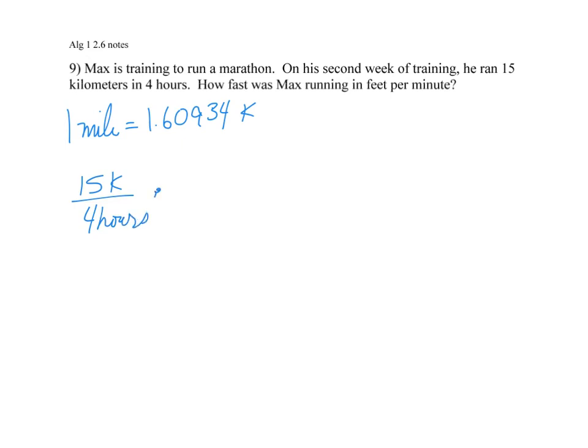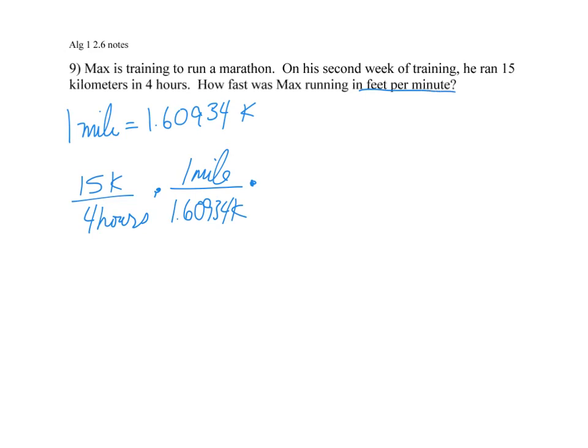We want to multiply that by something that's going to give us kilometers in the denominator, so we want the 1.60934 thing down there and 1 mile in the numerator. Also, we want to cancel out the miles now because we want to turn it into feet per minute.